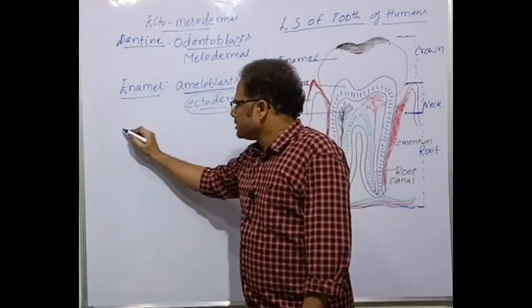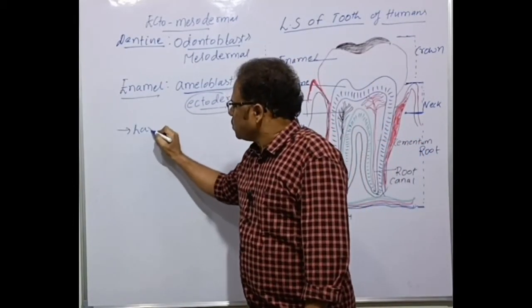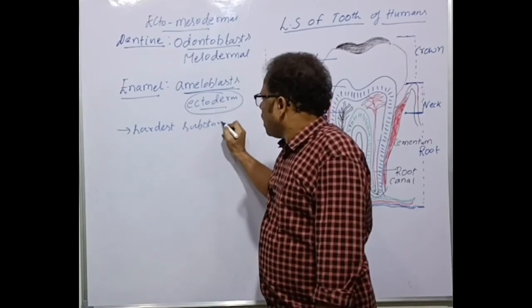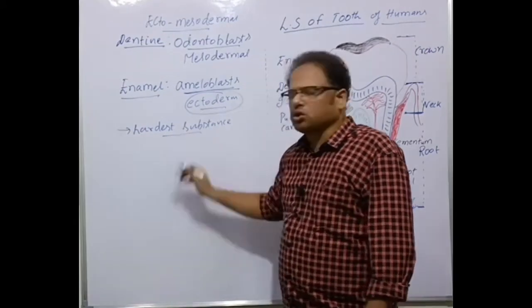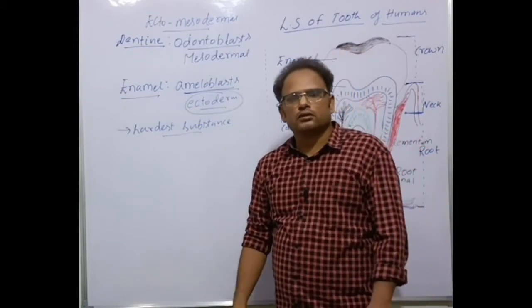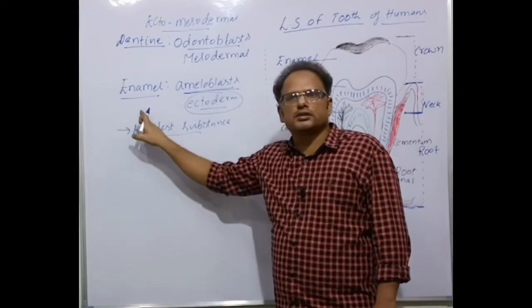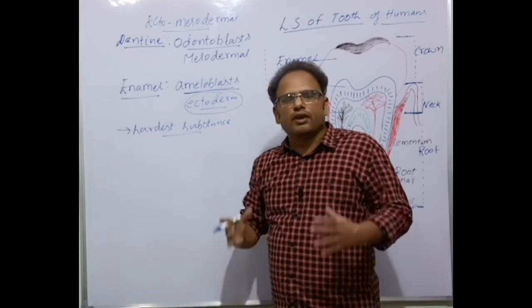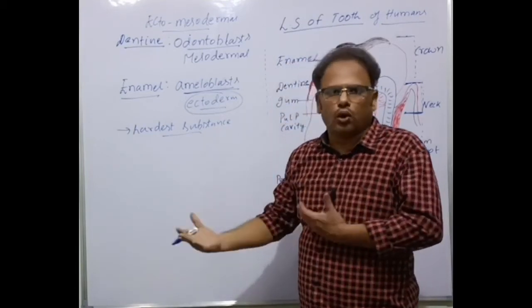And enamel is the hardest substance of the human body, and also of the total vertebrate body. It's even harder, even tougher than bone. Why?